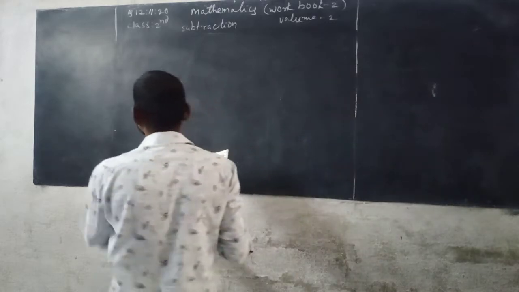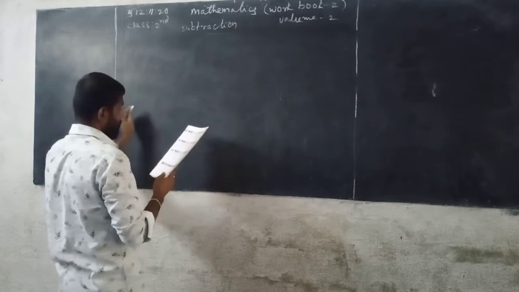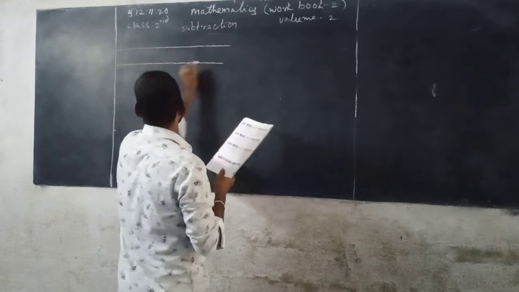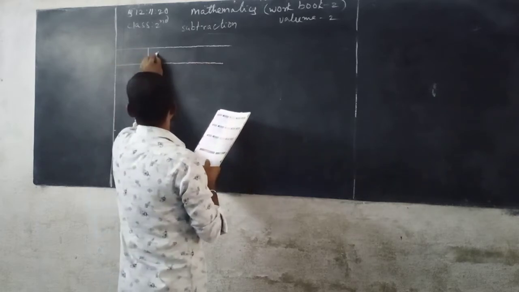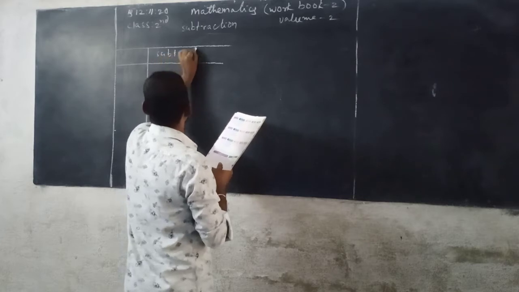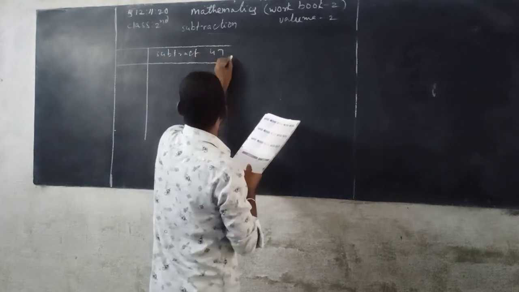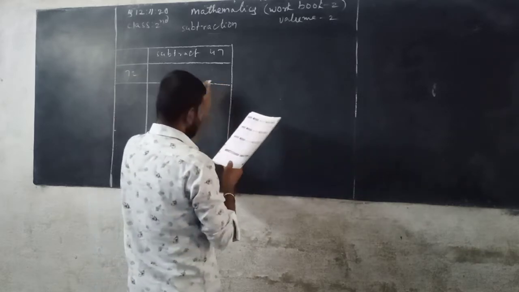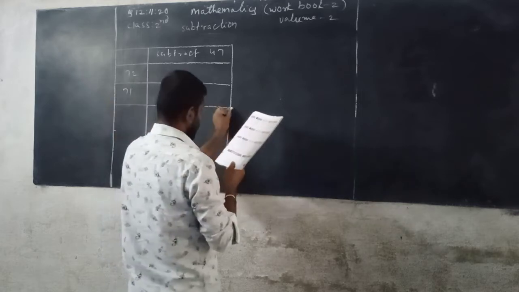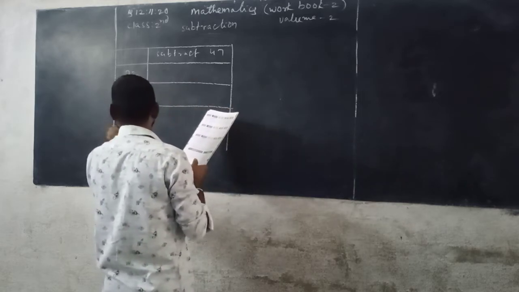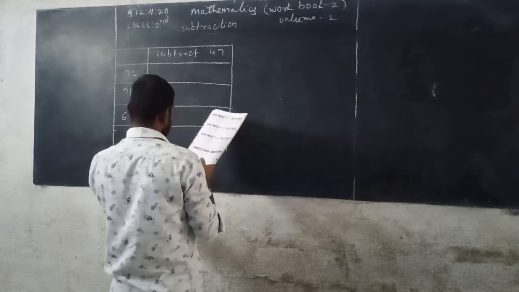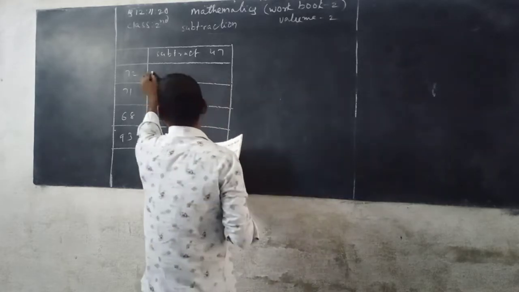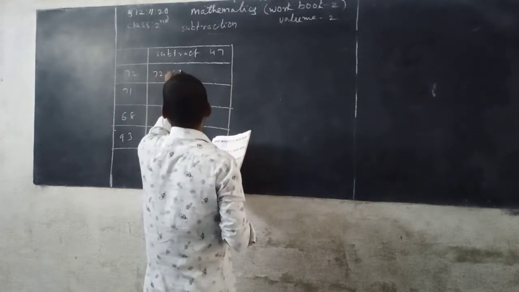Subtract 47. So first one is 72. Second one is 71. Next one 68. You can do rough work. Next 93. Then you can write here 72 minus 47.